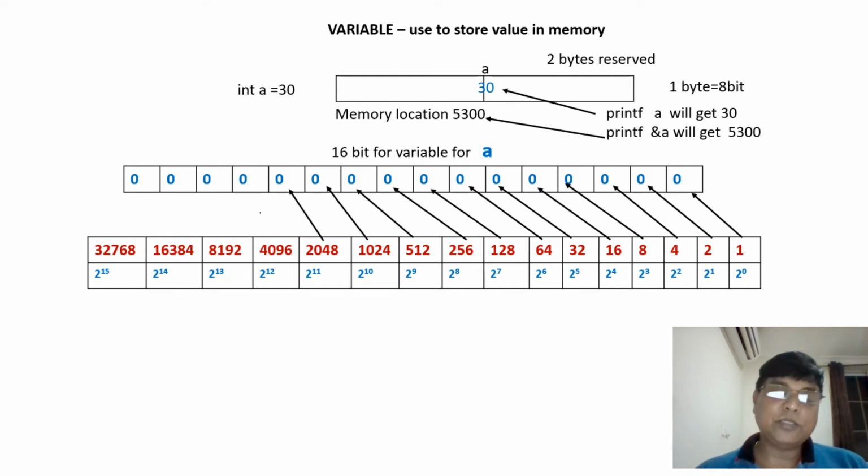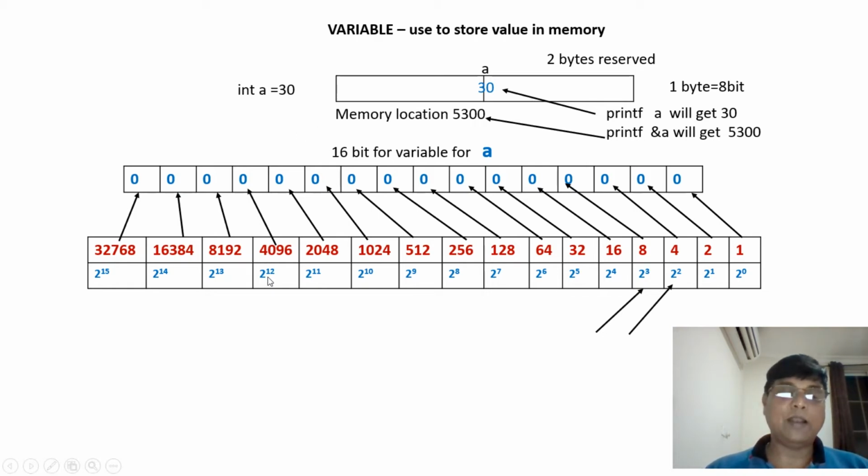So for 2 raised to 12, if the bit is 0, there is nothing inside, but if the bit is 1, the value 4096 is there.